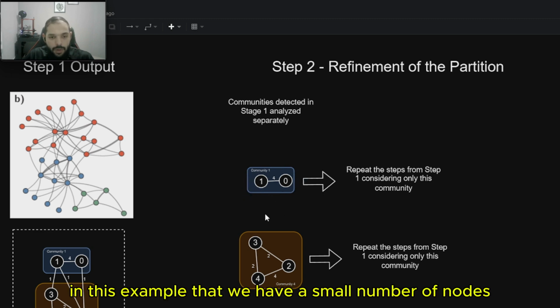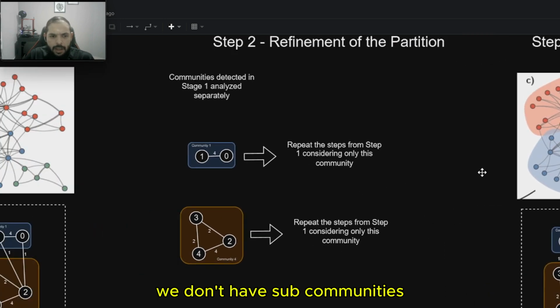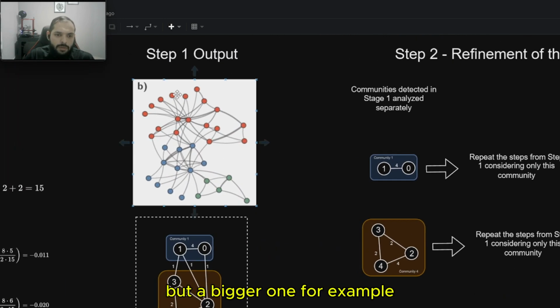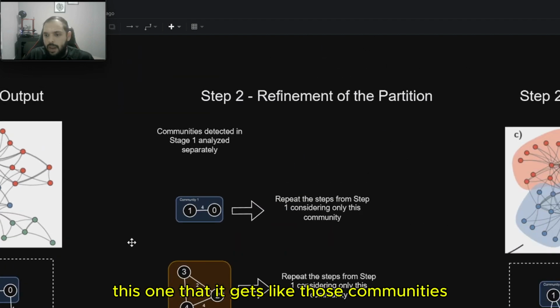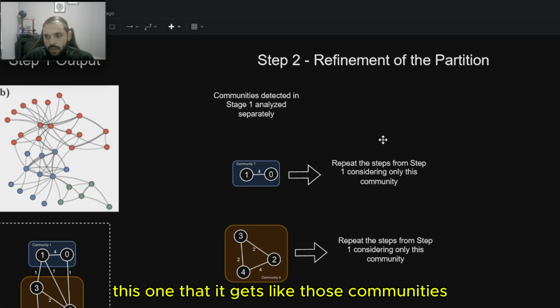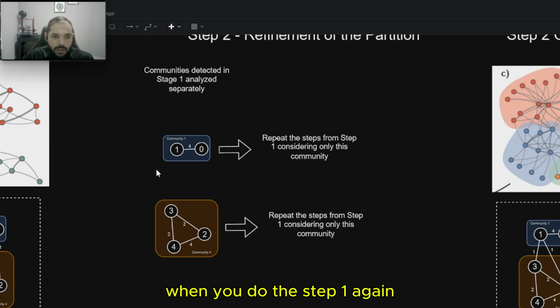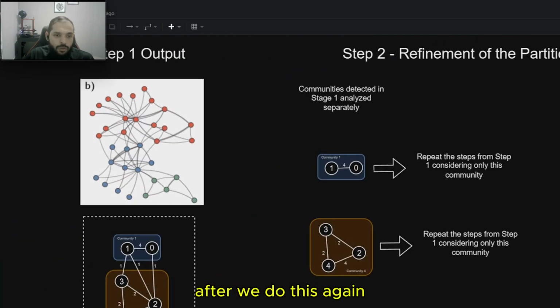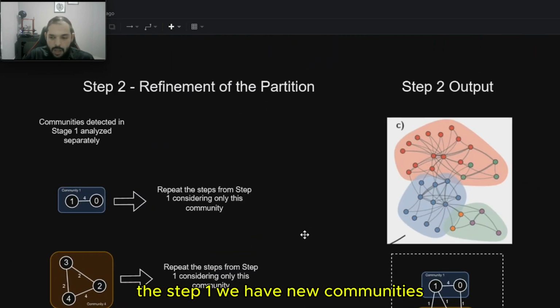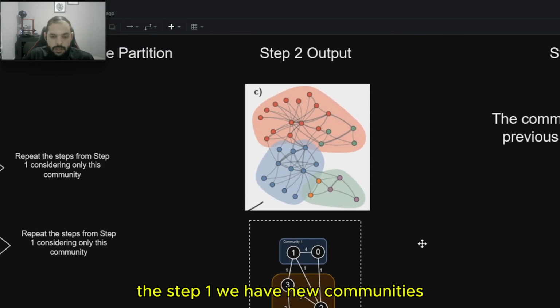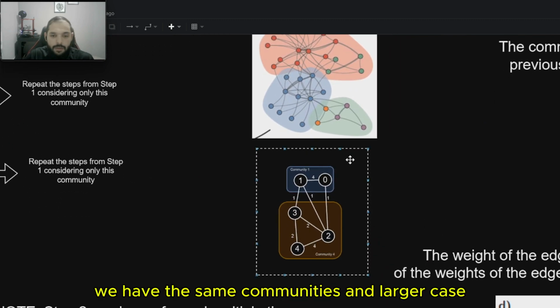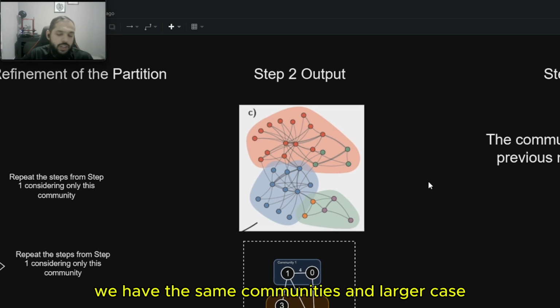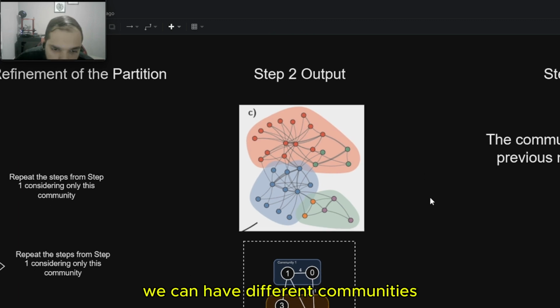In this example that we have a small number of nodes, we don't have sub-communities, but a bigger one, for example, this one, that it gets like those communities. When you do step 1 again with each community separately, we have other results, right? In the simple case, we have the same communities. In a larger case, we can have different communities, right?